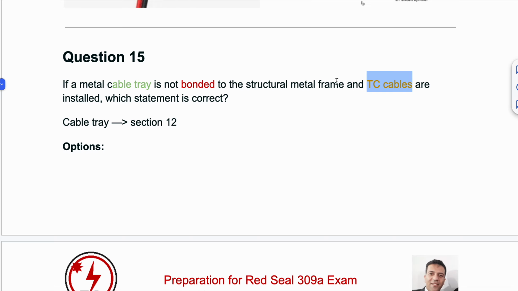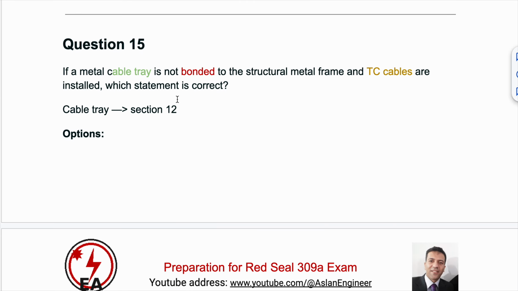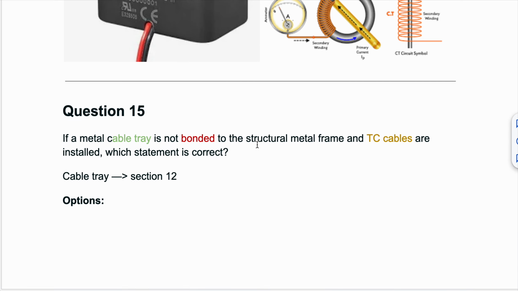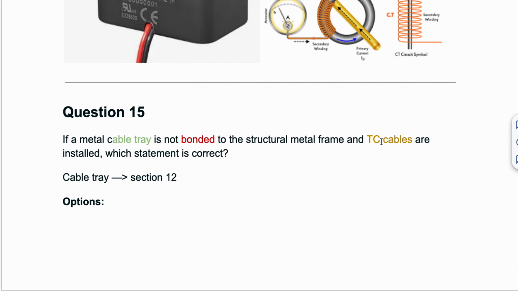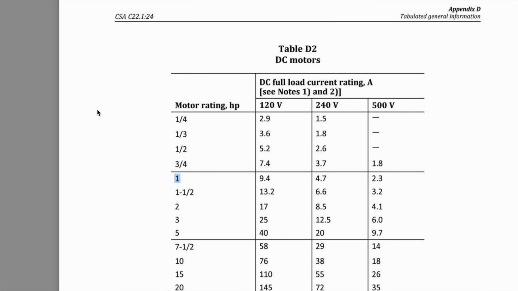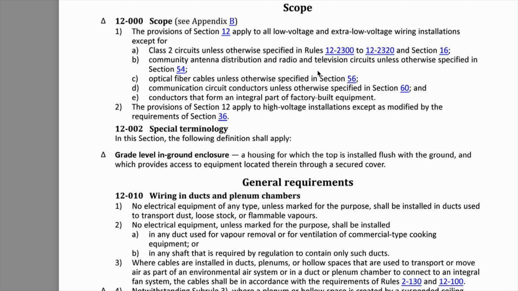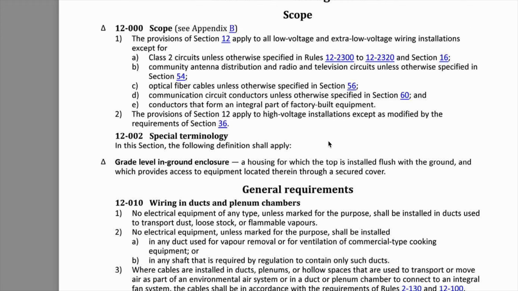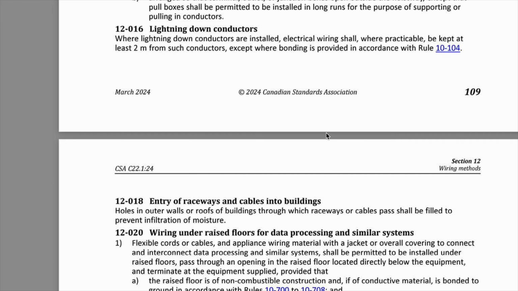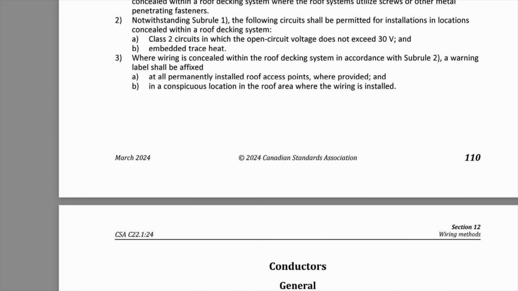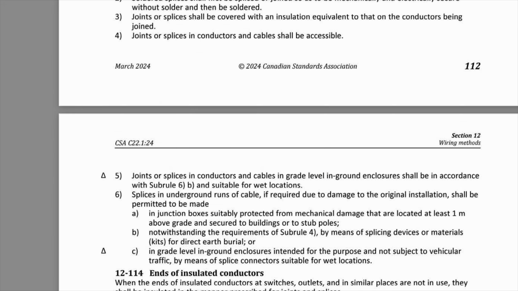Metal frame. These are the words that we can search for. Section 12 is about wiring methods, general requirements. I need to go faster.